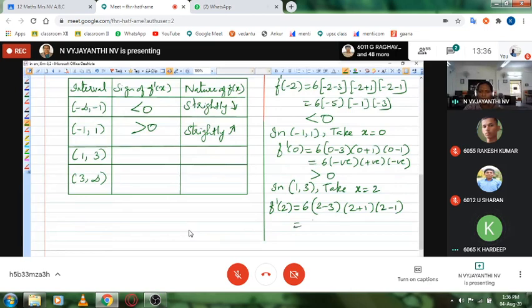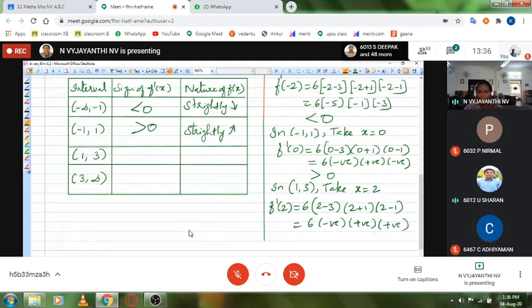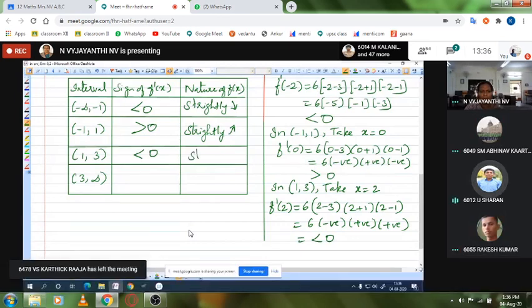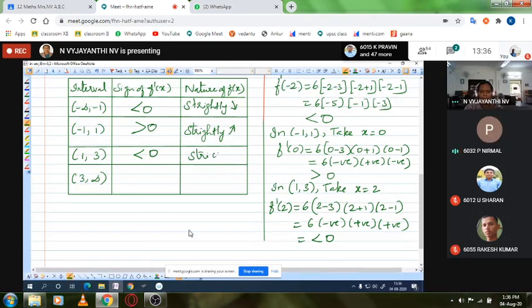What will you get? 6 into negative into positive into positive. So less than 0, negative. Less than 0 means strictly decreasing.